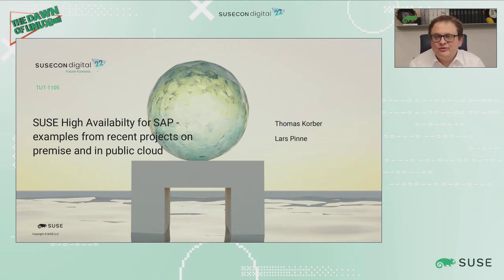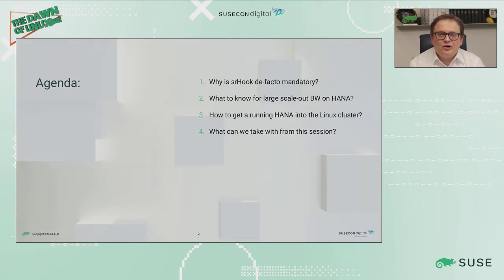And we're going to present a couple of recent findings and examples from our projects on-premise and in the public cloud. The topics we're going to talk about are the srHook, which we strongly believe is mandatory for all our use cases.